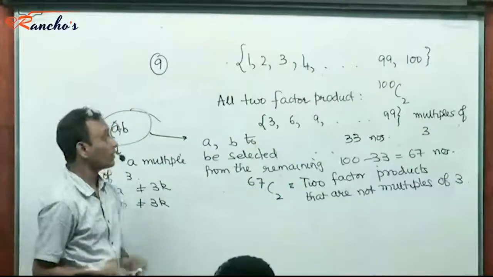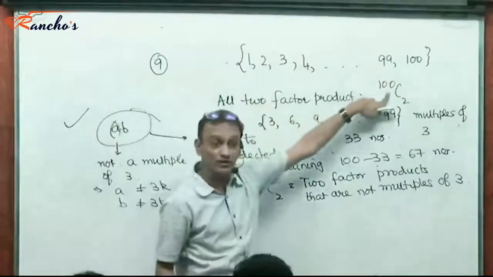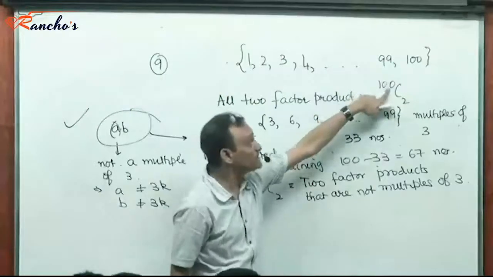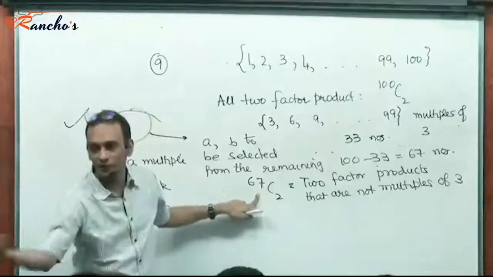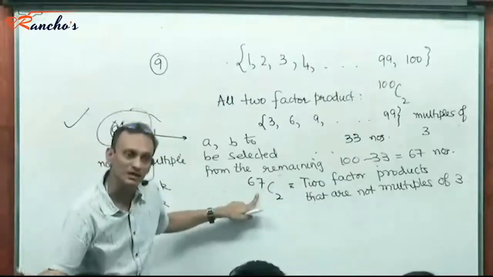Right? These are the total number of two-factor products. So from this, if I remove those that are not multiples of 3, then what I get is those that are multiples of 3.